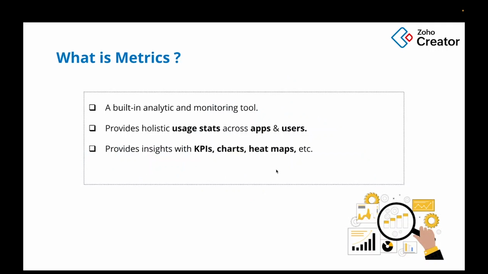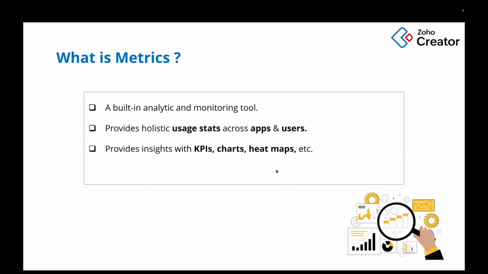Metrics provide you a comprehensive overview of application and user activities by displaying them in a single unified dashboard. With the help of metrics, we can obtain a complete understanding of usage statistics for various applications and their users, including those who are accessing the application in real time. We can get insights with KPIs, charts, heat maps, and so on.